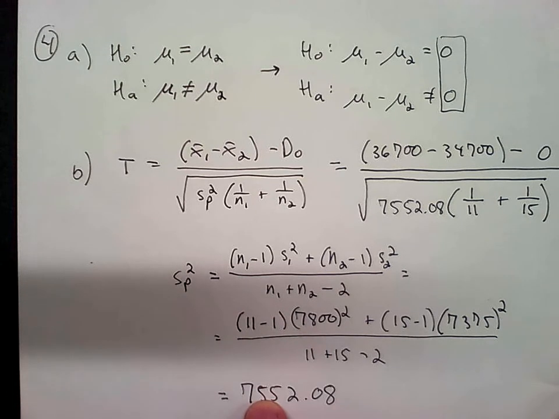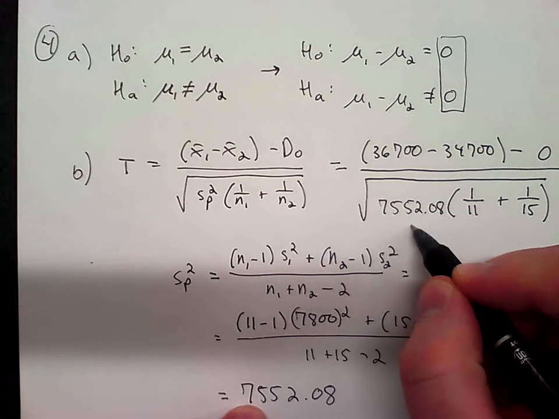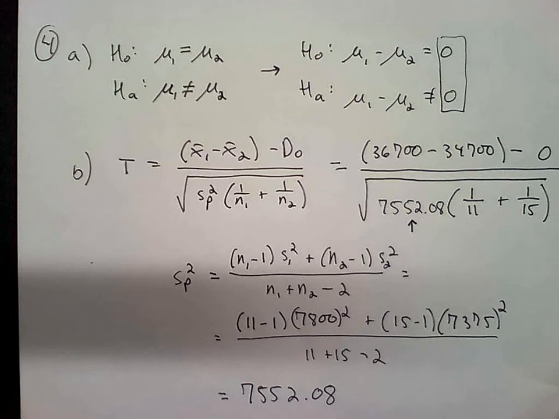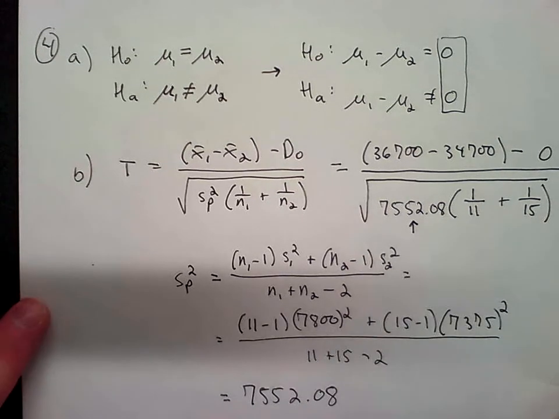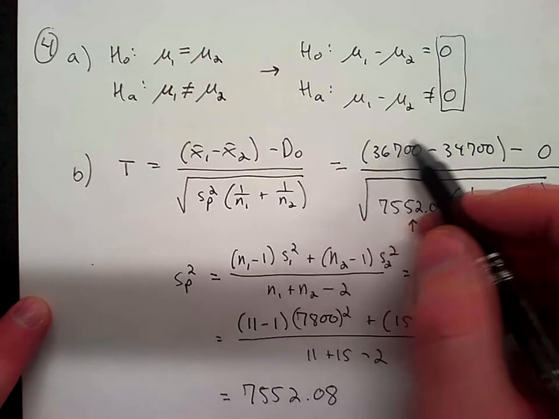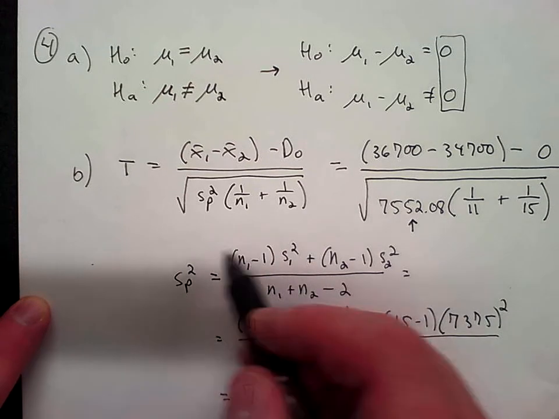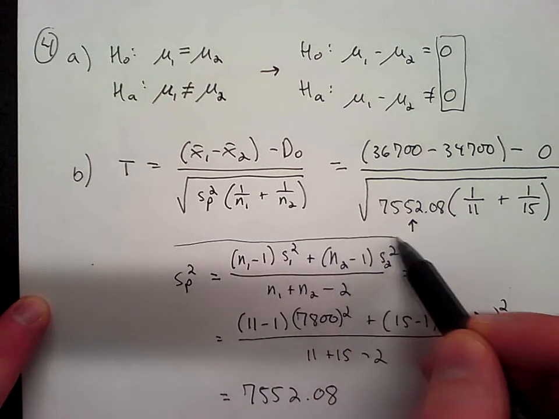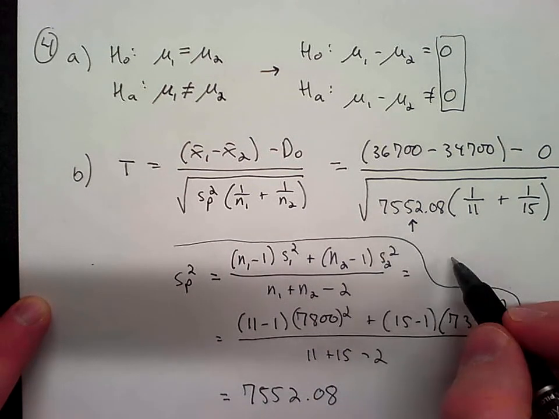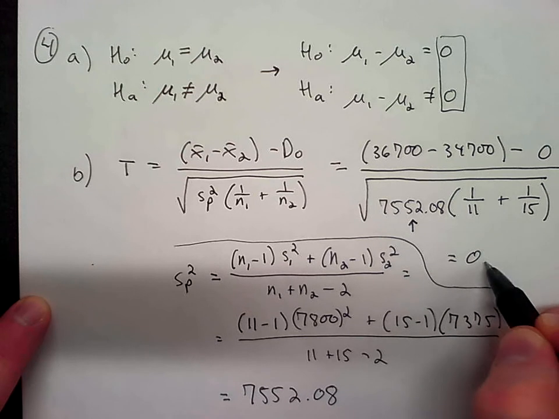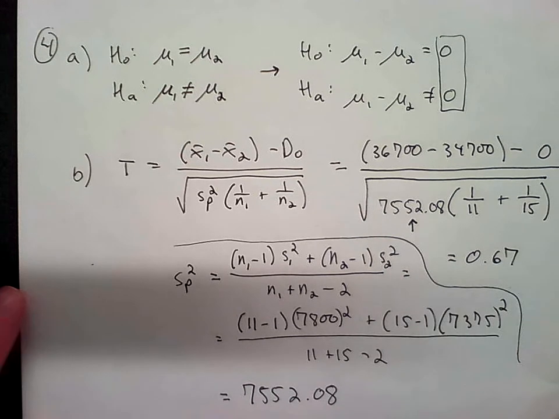Doing this arithmetic right here and getting this number is what we wanted to have for sp squared. And that's simply what we're going to plug into our standardized test statistic right now. If you plug this in and do all this arithmetic up here, that's going to come out to approximately 0.67.